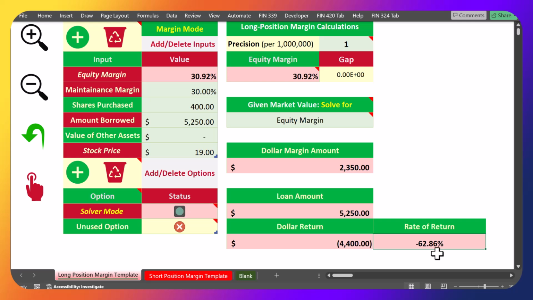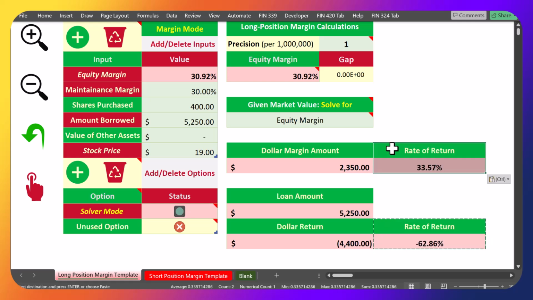That's always the problem with margin investing. Your returns are enhanced, but so are your losses. If you think about it, the rate of return without margin, let's put it here, would have been 19 minus 30 divided by 30.